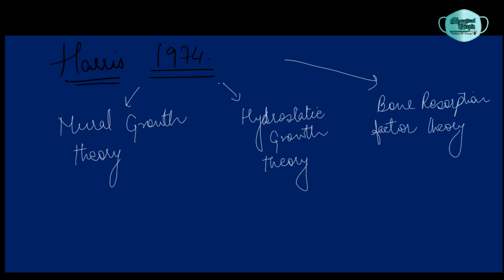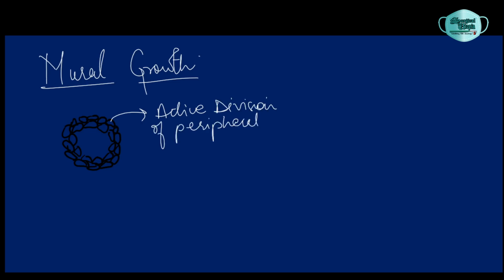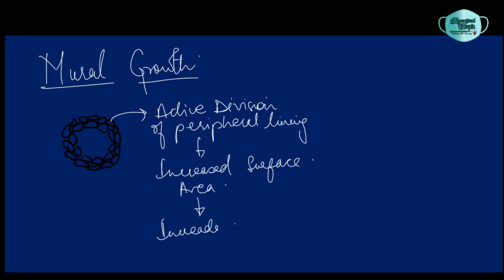So these are the same procedures that we have discussed earlier, but it was separately classified by Harris in 1974. So we shall quickly revise this under this heading also. The first one was mural growth. In this, there is enlargement of the cyst due to the active division at the periphery of the cystic lining, and this increases the surface area of the lining, thus enhancing the enlargement of the cyst.